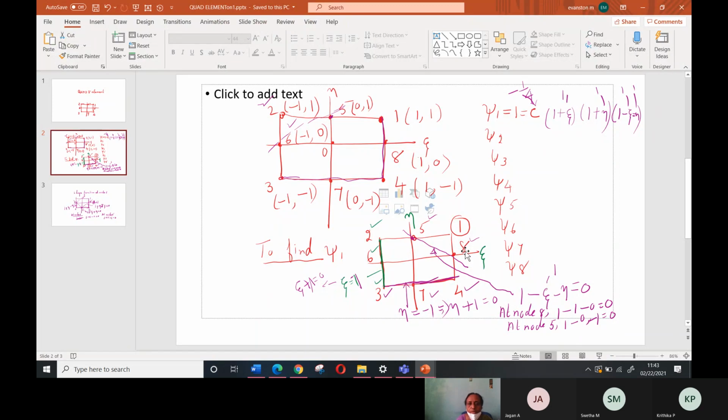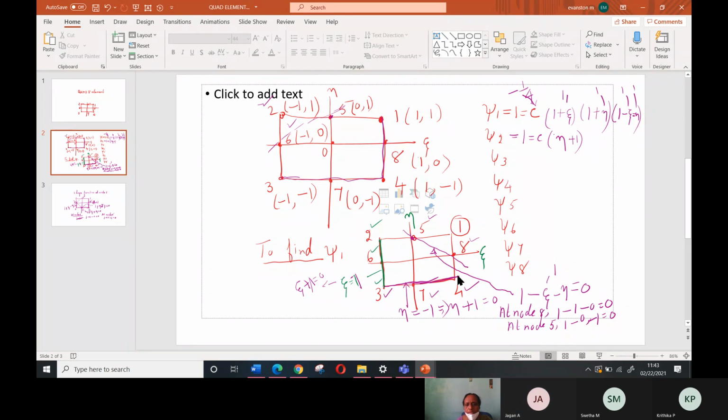So psi 2 you are getting as 1 is equal to c into, what is the equation of this line? This is eta plus 1 and psi minus xi.